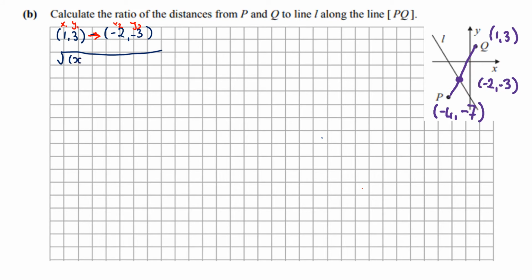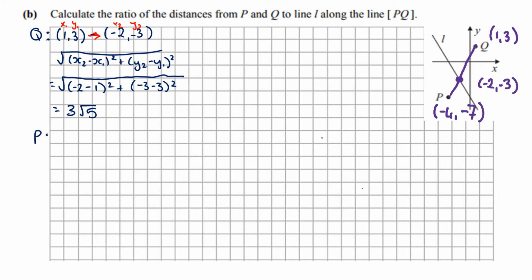Okay, so it's the square root of x2 minus x1 squared plus y2 minus y1 squared. So for this, minus 2 minus 1 squared plus minus 3 minus 3 squared, and what we end up with here is 3 root 5. So that's the point Q.